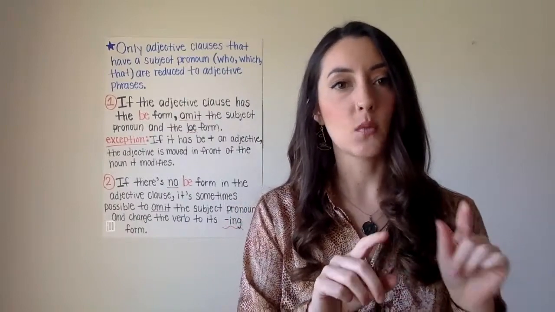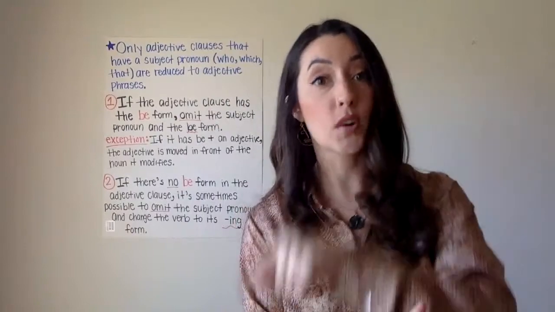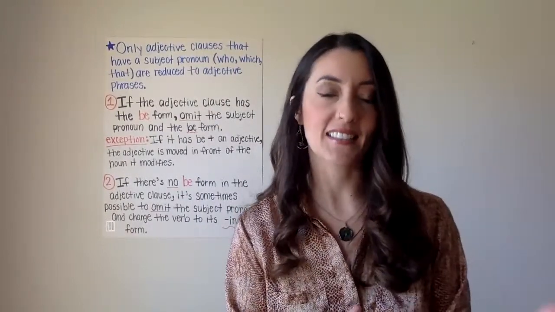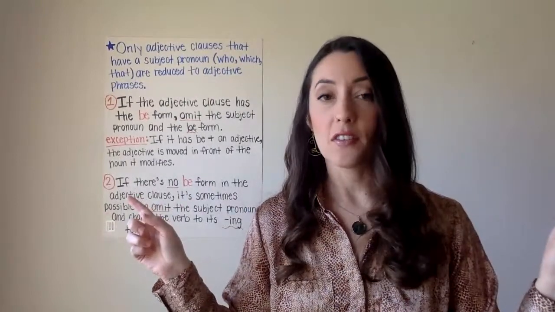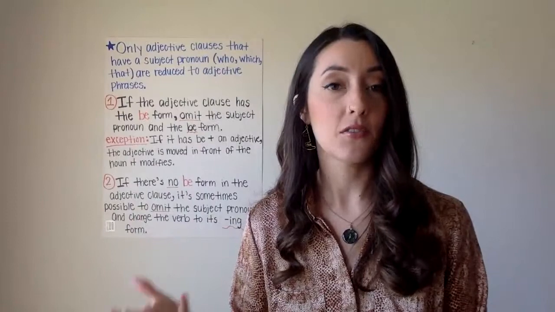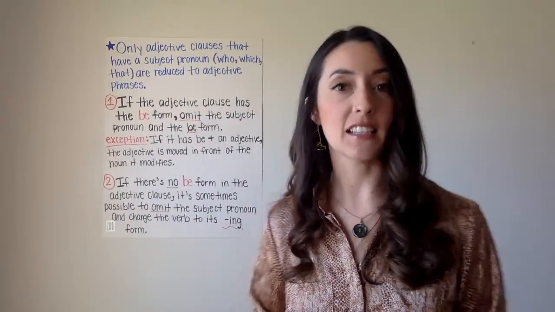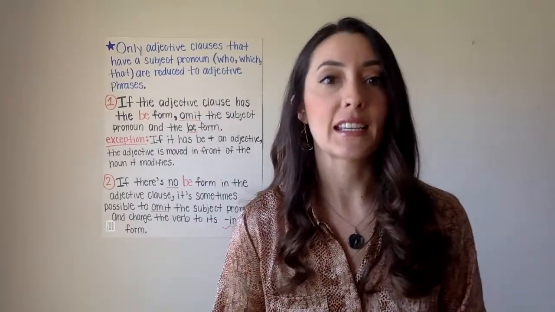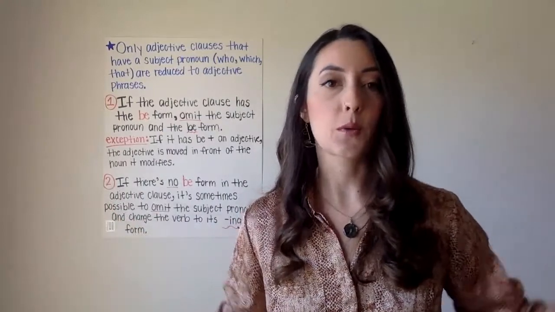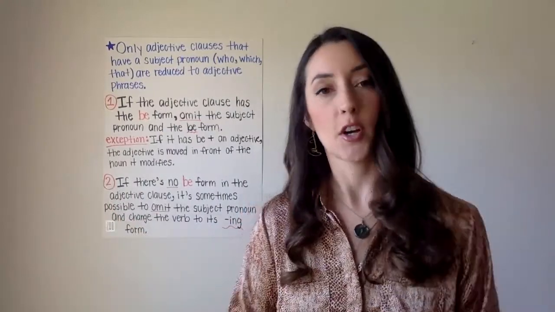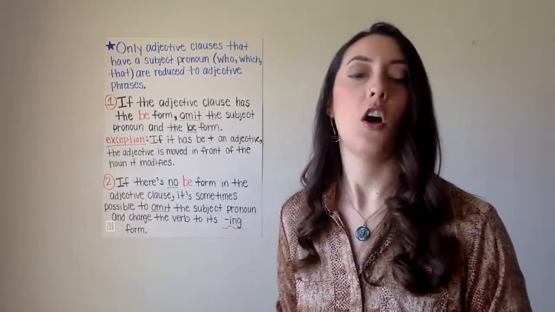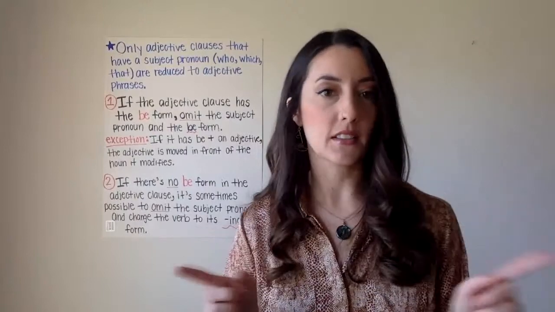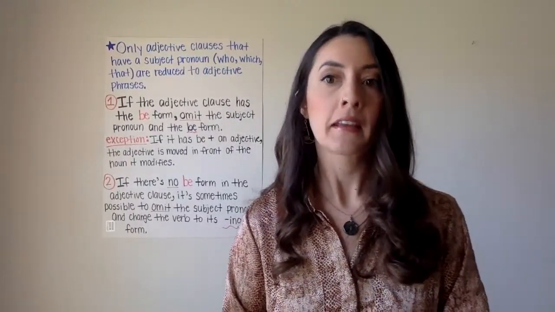When we reduce it, we need to move that adjective before the noun, right, to make it make sense. And if the adjective clause does not have the verb form of be following the subject pronoun, we follow rule number 2, which is delete or throw away the subject pronoun and change the verb to the ing form, okay? Not always. Sometimes, most of the time, but not always. You can't always do that, okay? All right. Is everybody ready for the quiz?